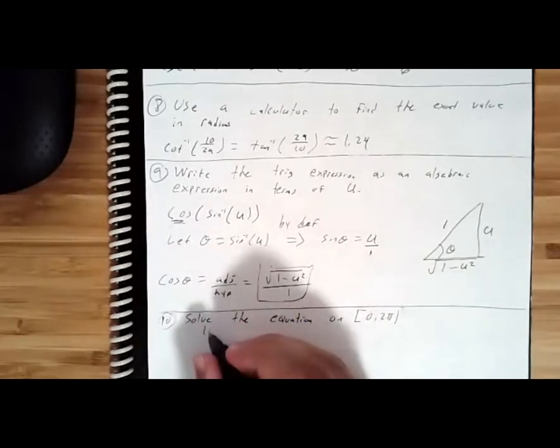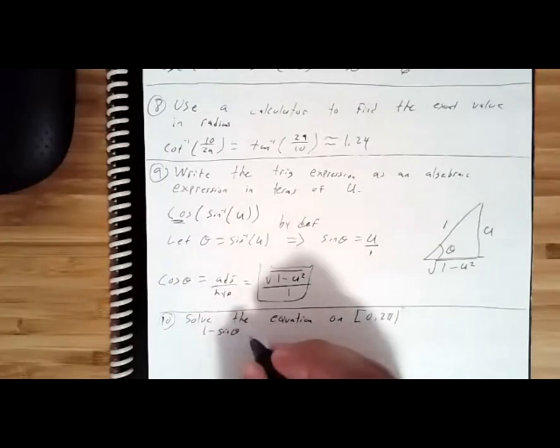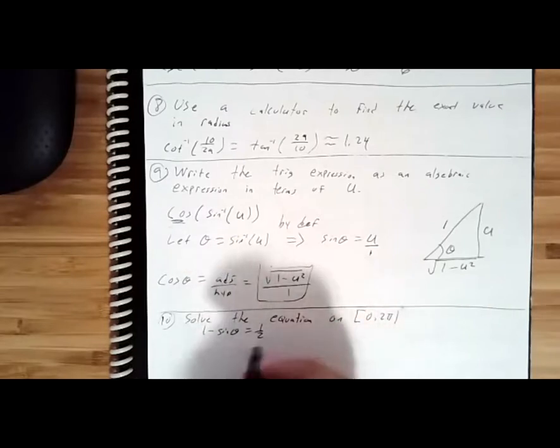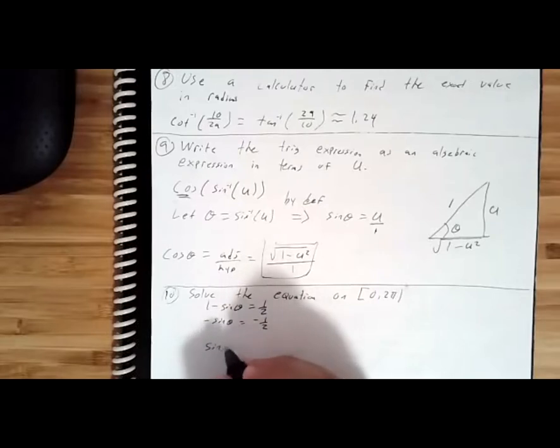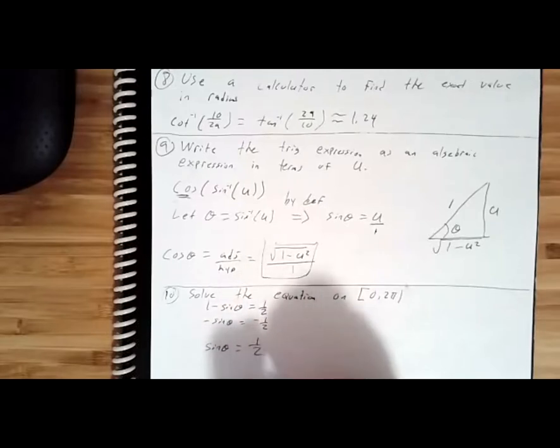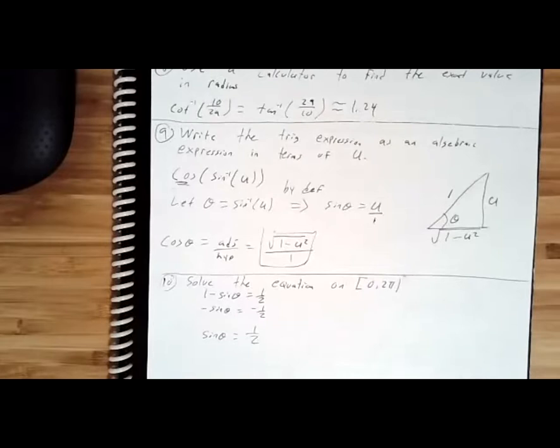So the question is 1 minus sine of theta is equal to 1/2. So subtract 1 on both sides and you'll get negative sine theta equal to -1/2. Divide by negative, sine theta is equal to +1/2. So isolate the sine is what you got to do.